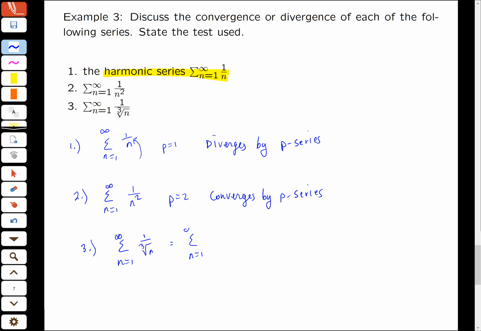So p equals 1/3, so what does it do? Diverges by the p series. You could do the integral test on each one of these and you'd have the same results.